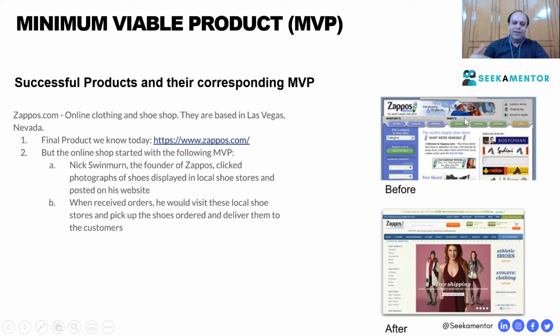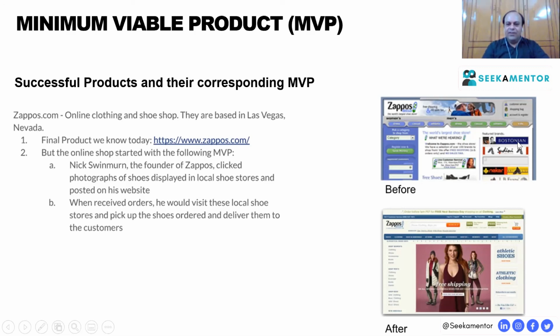They basically took photographs from nearby shops and uploaded them on this website. Once the customer placed an order, they would go into the market, purchase the same product, and then deliver it. And if you open this website now, this is their current look. The initial version was just getting the orders, that is your MVP.